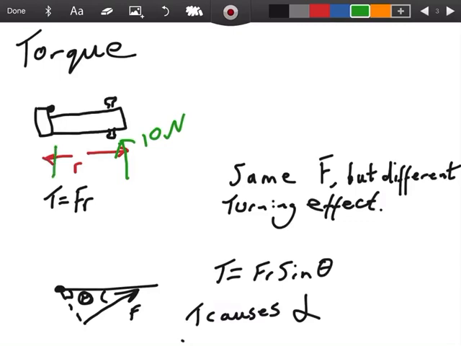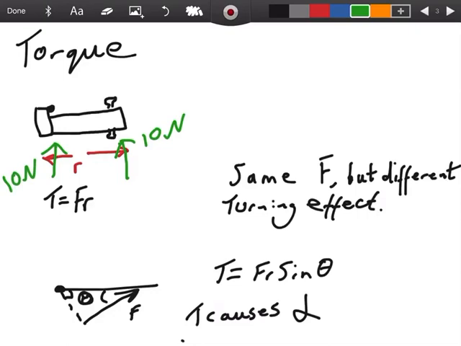And if I present the same force of 10 newtons closer to the centre of rotation, well, you know how it feels. It's harder to push the door the closer it is to the hinges, and easier to push it when it's more outwards, away from the centre of rotation.